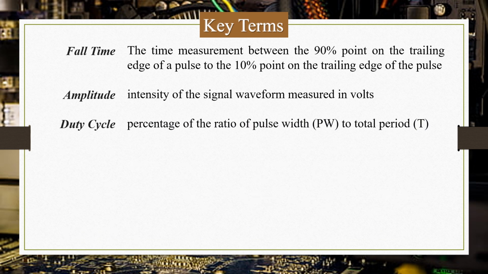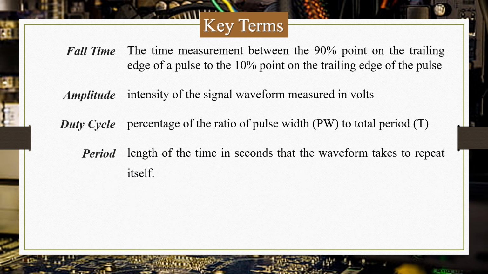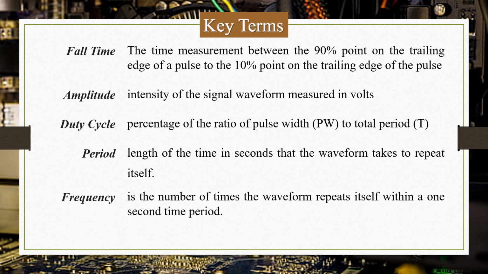Duty cycle is the percentage ratio of pulse width to the total period T, PW divided by T. The period is the length of time the waveform takes to repeat itself, and frequency is the number of times the waveform repeats itself within 1 second. A flip-flop is a storage device used to store only one bit at a time, and a register is a collection of flip-flops that can be used to store a group of bits.